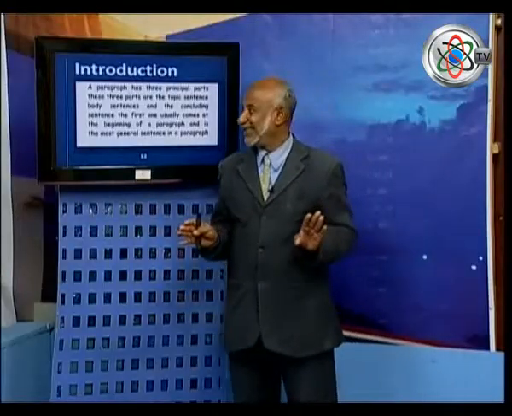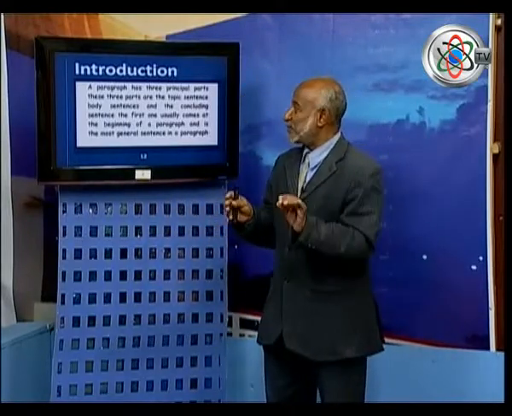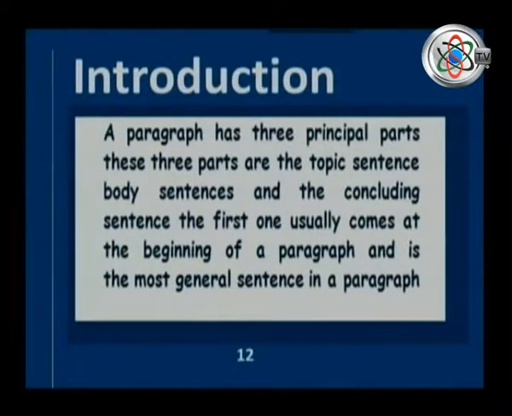So let us have another point here. We're going to hurry up a little bit. A paragraph has 3 principal parts. This is very important. These parts are the topic sentence, number 1, which is the editorial. You just begin with it.